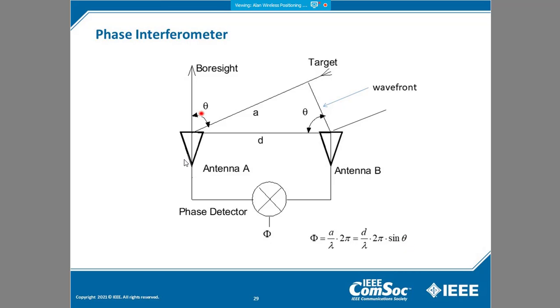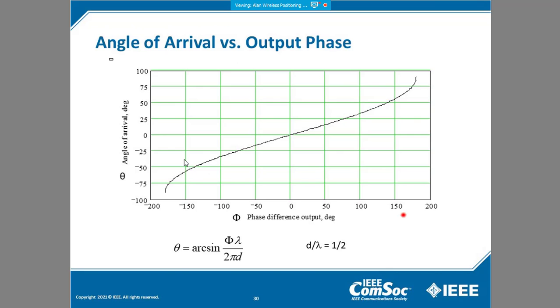So we now have a relationship between the angle that we want to determine, the angle of arrival, and the angle that we can determine in a phase detector. We can make a plot of this with two elements, as we just had here, and we can see that we get a relatively straight line over a relatively wide range of angles.